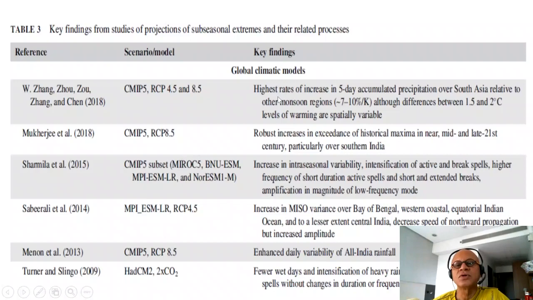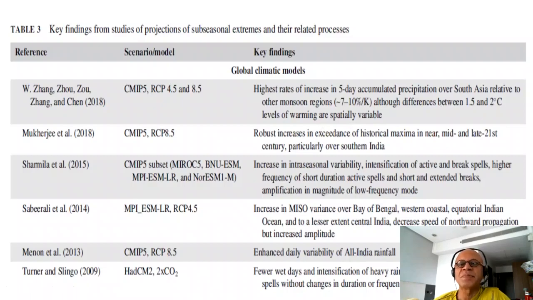So let's just look at some of the processes to try to understand the range of conclusions that people come to. Highest rates of increase in 5-day accumulated precipitation over South Asia relative to other monsoon regions. Warming, so the scaling of 7 to 10% per Kelvin. Although the differences between 1.5 and 2 degrees C levels of warming are spatially variable.